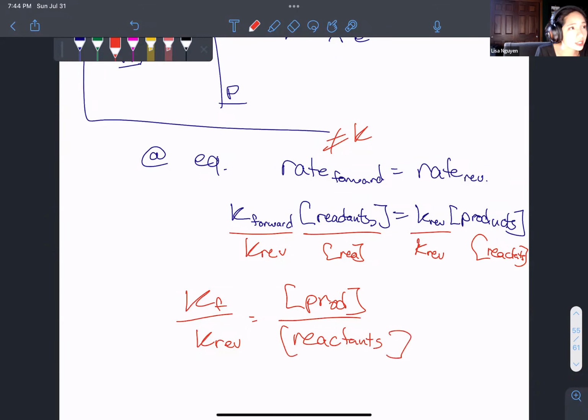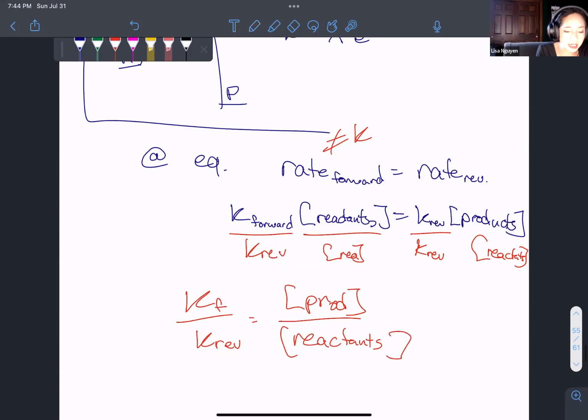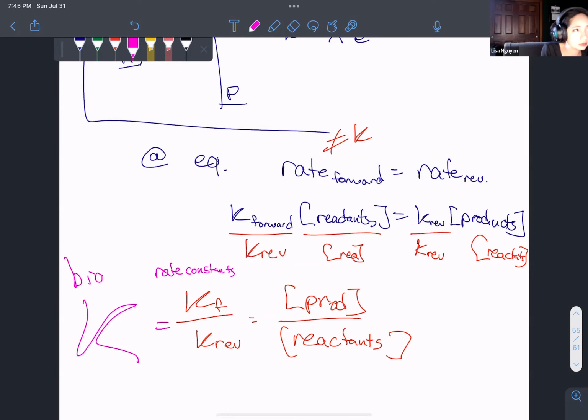So this ratio came from the idea that at equilibrium, forward rate equals reverse rate, and we get that the ratio of our rate constants equals the ratio of products over reactants. This is big K. So big K is dependent on the magnitudes of your rate constants in the forward and reverse directions.